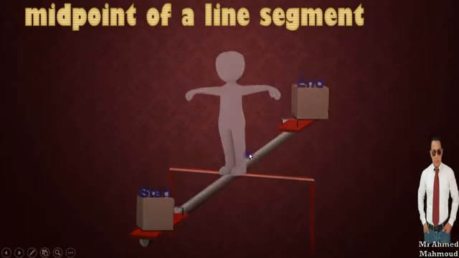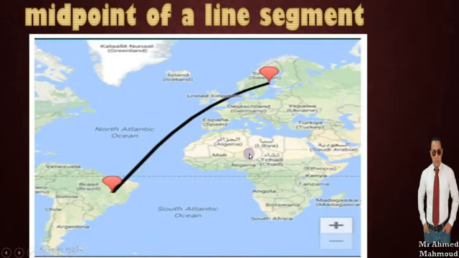For example, if we have a map like this and we need to identify or find the position at the middle of the way between two countries, then we divide the map into a graph, then find the coordinates of the midpoint, which represents the middle of the way between two points or two countries.